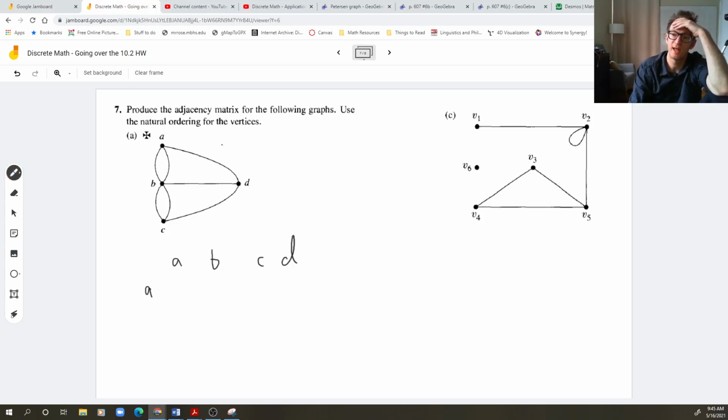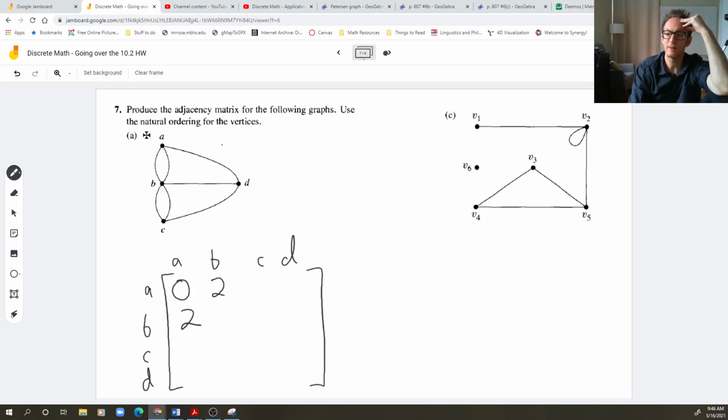So here we go. A, B, C, D. I'm going to say how many edges there are between them. How many edges are there from A to A? None. From A to B? 2. From A to C? None. From A to D? 1. How about from B to B? None.